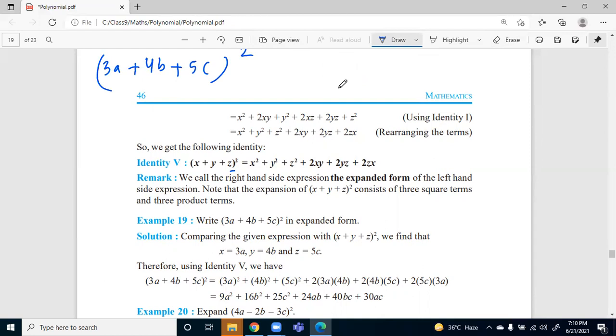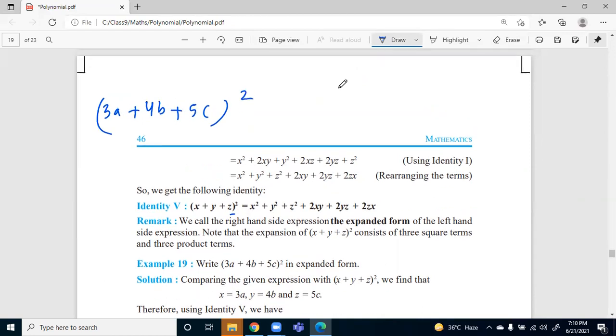See, what is the easy way? You have to take the square of every term. So 3a square plus 4b square plus 5c square, plus multiply these 2 terms and multiply them by 2. 3 into 4 is 12, 12 into 2 is 24, so 24ab.